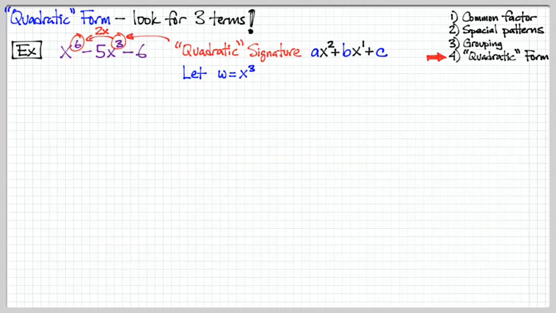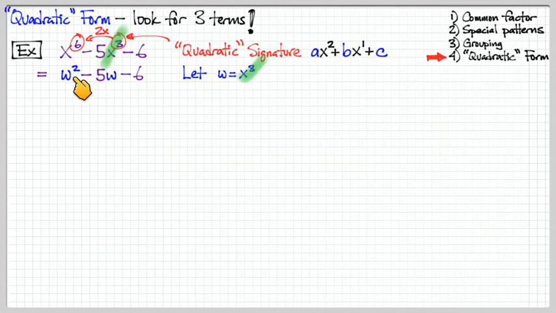So I'm going to do this. I'm going to say let w is equal to x to the 3rd right here. And now I'm going to substitute. So when I substitute x to the 3rd with w, this just becomes w. x to the 6th becomes w squared.